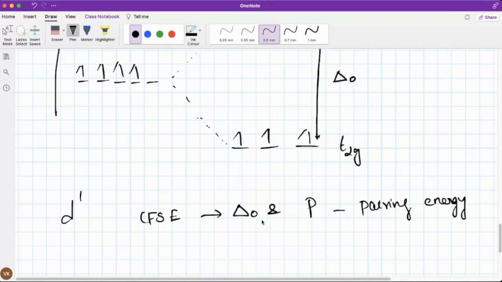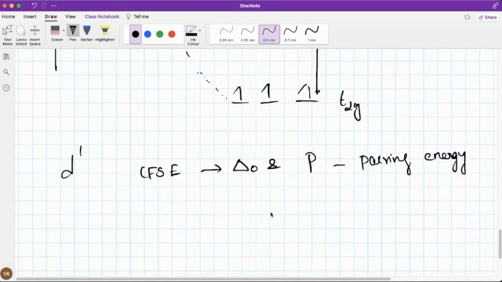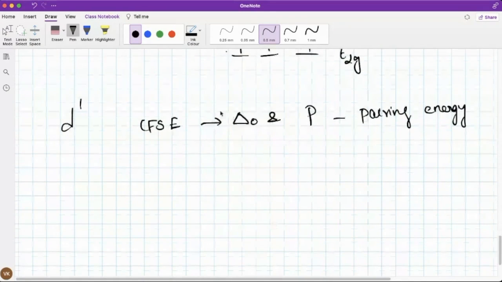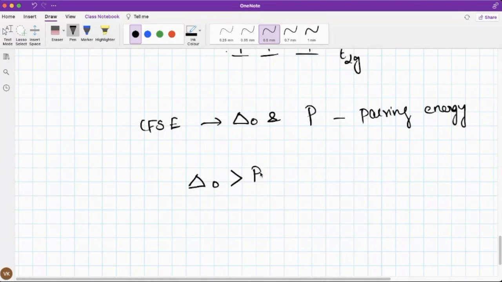Pairing energy is basically the energy required to pair two electrons in the same orbital. Now, if the delta naught is greater than the pairing energy, then the pairing energy is the lowest, so it will tend to pair.